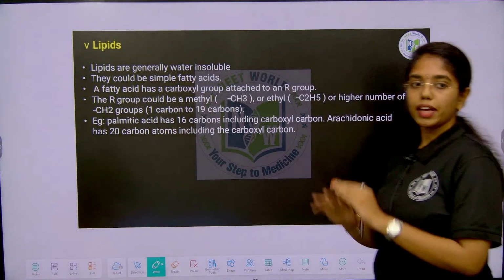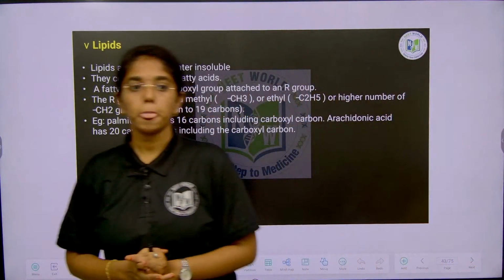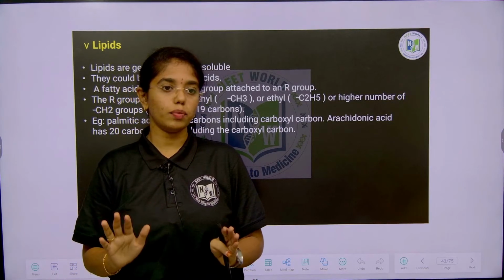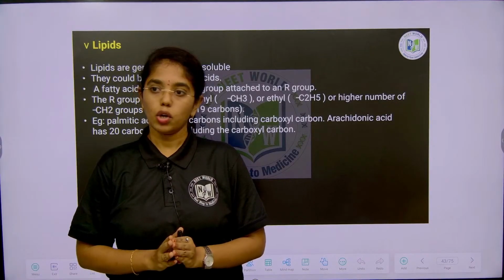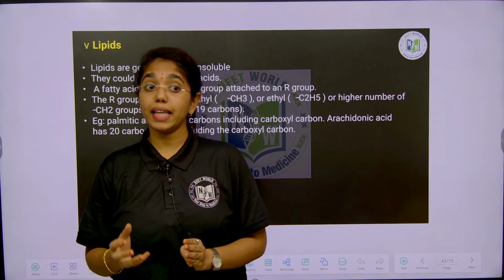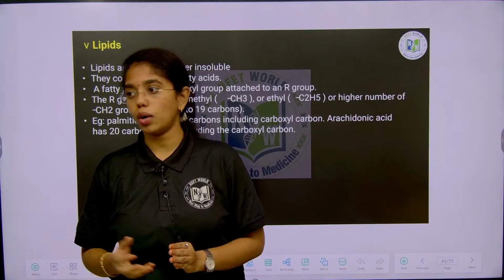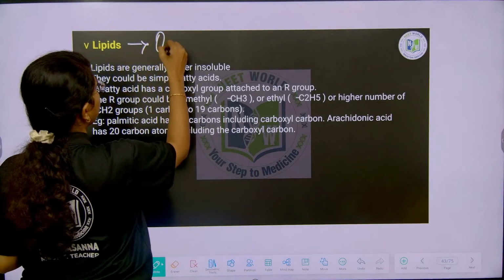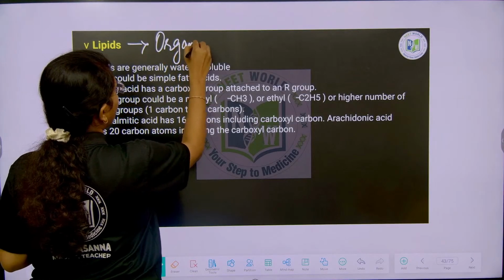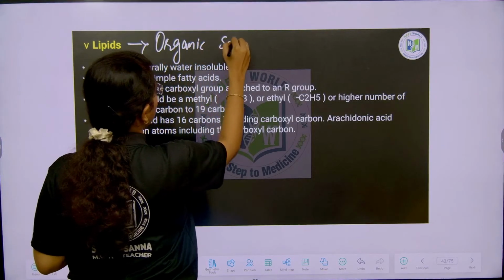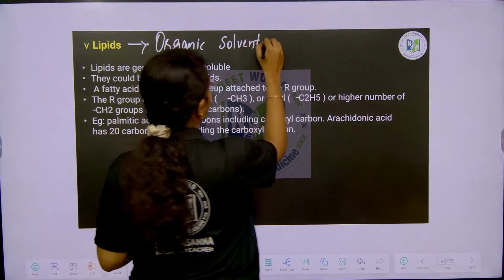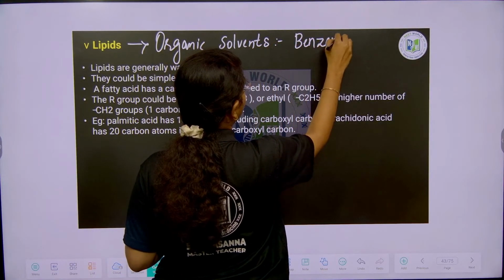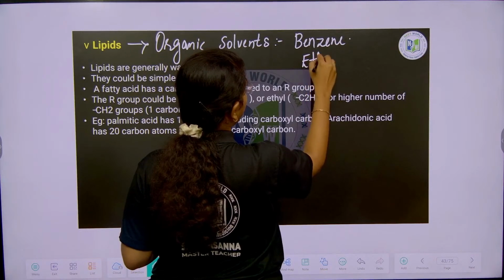Next, now we have entered lipids. Lipids we have learnt already, are they water soluble or water insoluble? Water insoluble. But they are soluble in organic solvents. Do you remember any organic solvents, like benzene, ether, acetone?